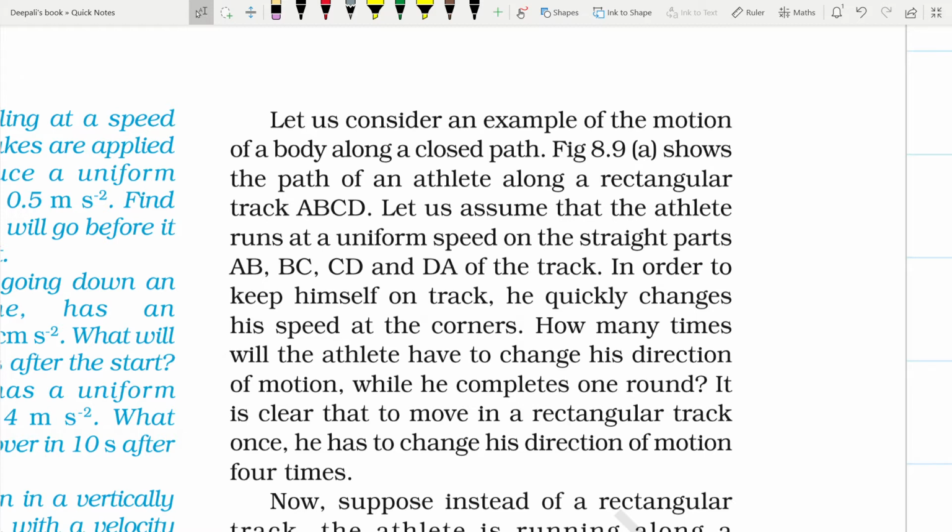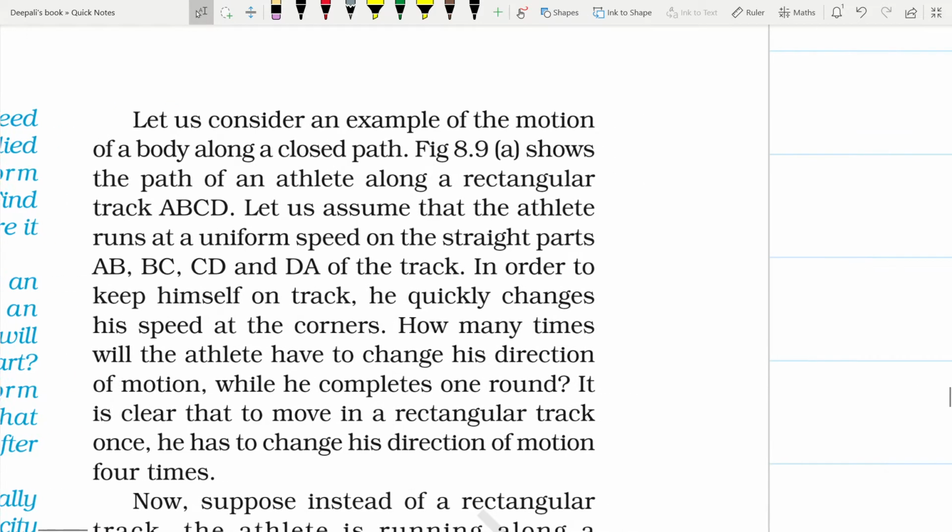In order to keep himself on the track, he quickly changes his direction at the corners. How many times will the athlete have to change his direction of motion while he completes one round? It is clear that to move on a rectangular track, he has to change his direction of motion 4 times.